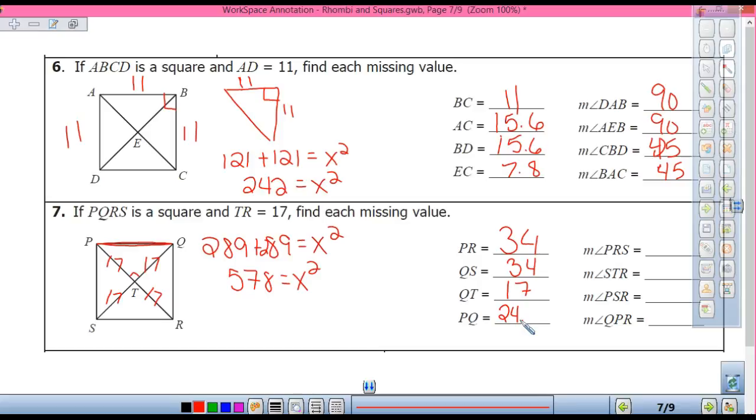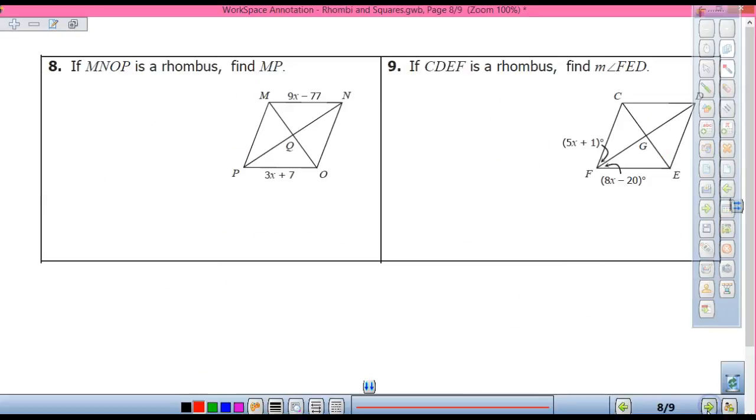Alright, what's PRS have to be? 45. What's STR have to be? 90. What's PSR have to be? 90. And QPR? 45. So fun!